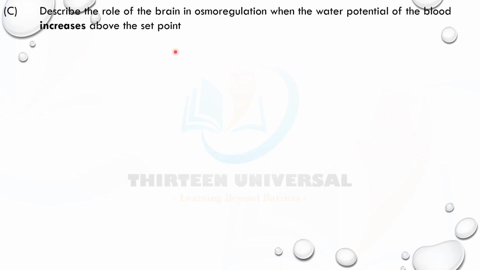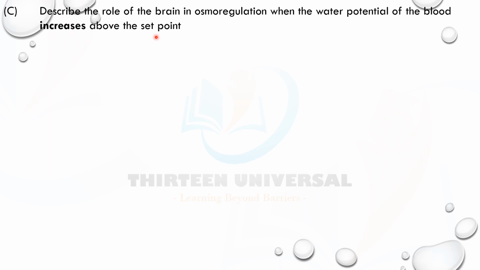Okay, 3 marks. Describe the role of the brain in osmoregulation when the water potential of the blood increases above the set point. Pause the video and try it, okay? Now, when the water potential of the blood increases above the set point, the osmoreceptors, which are found in the hypothalamus of the brain, detect the increase in water potential above the set point.